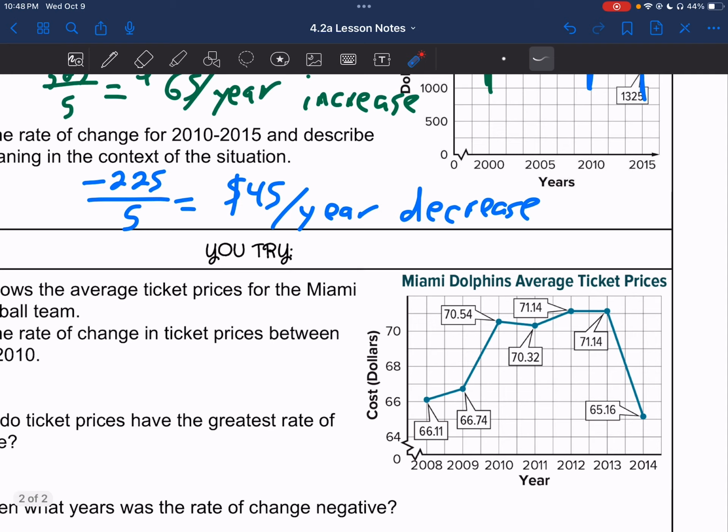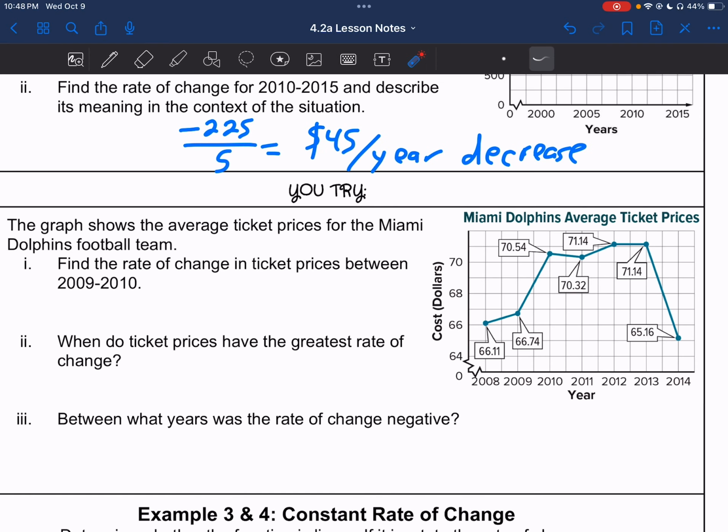All right, now let's take a look at the next one where we have the average price of tickets for the Miami Dolphins. And it's asking us to find the rate of change in the ticket price from 2009 to 2010. So in 2009, our ticket price was 66.74. And in 2010, our ticket price was 70.54.